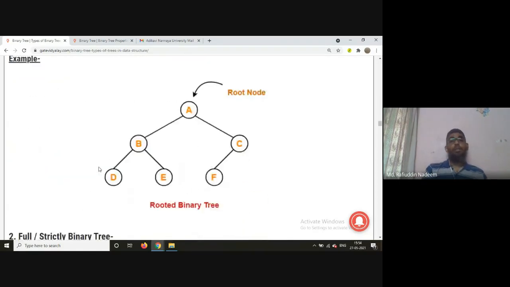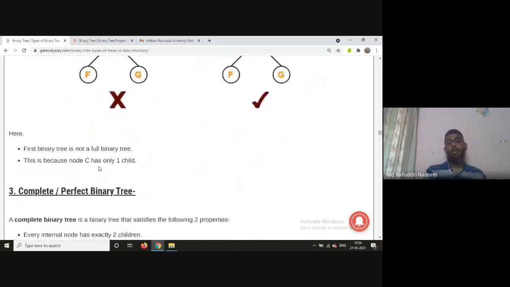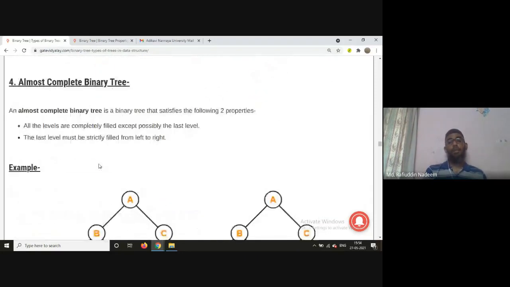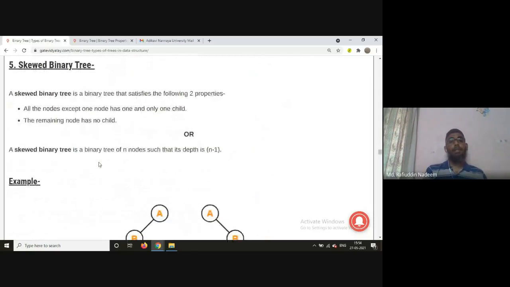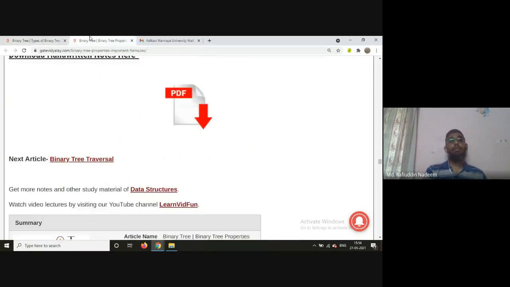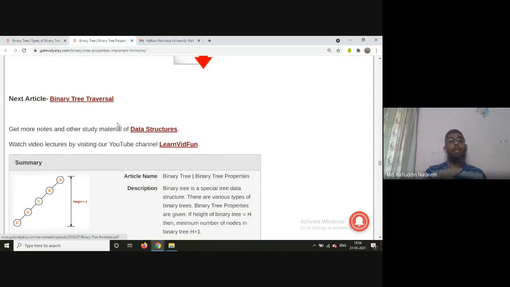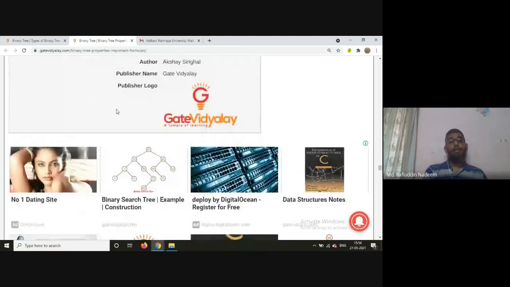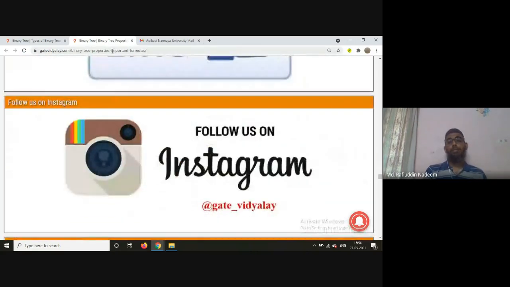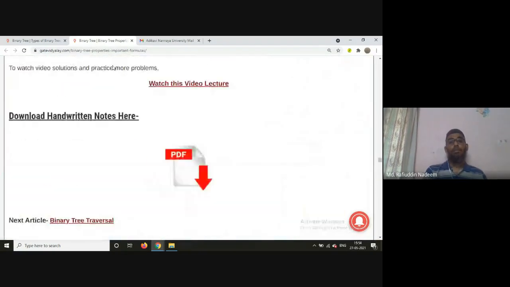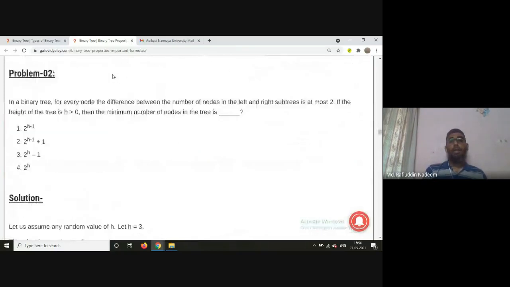So you need to have the idea about these particular nodes. Then you have the binary tree traversal.